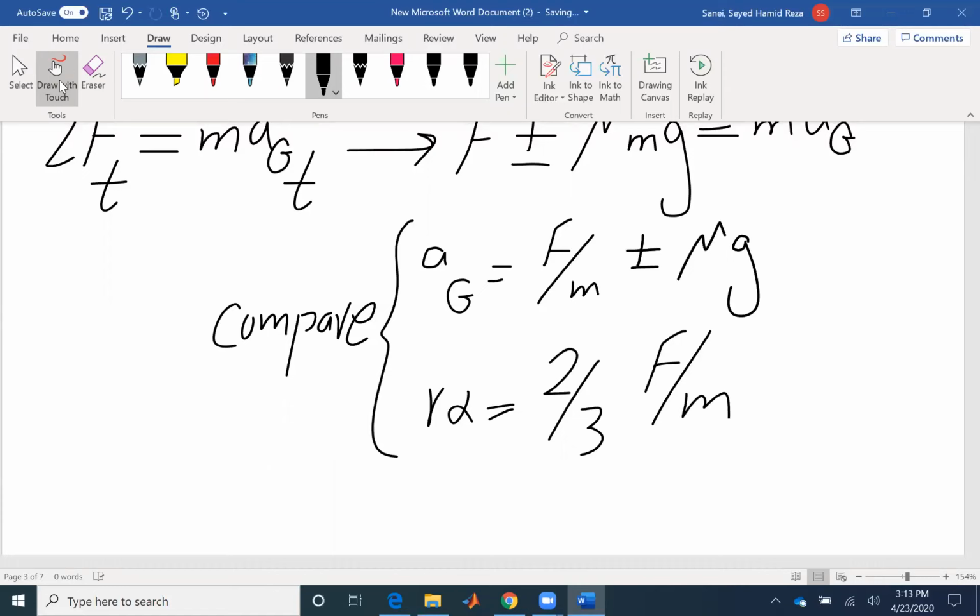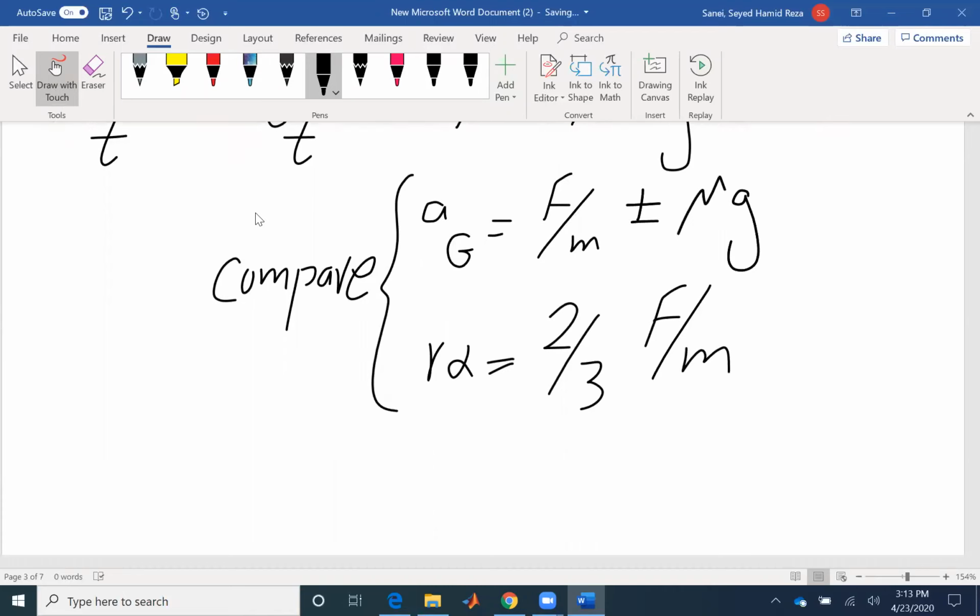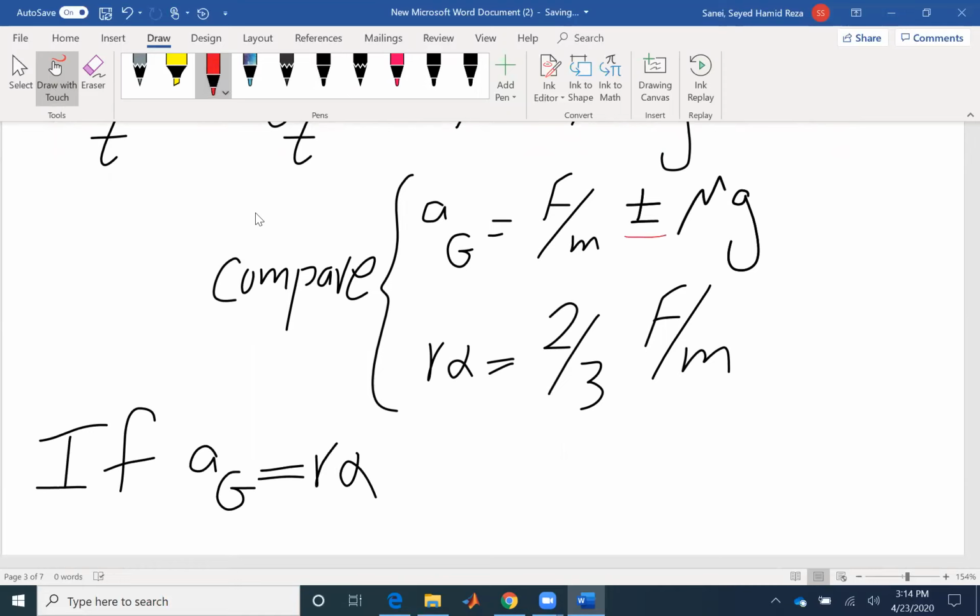So that means that if I want to have rolling, if I want a_G to be the same as r alpha, then the friction force has to be negative. So F over m should be subtracted from mu g, so I get 2/3 F over m. That means that the friction force is to the left.